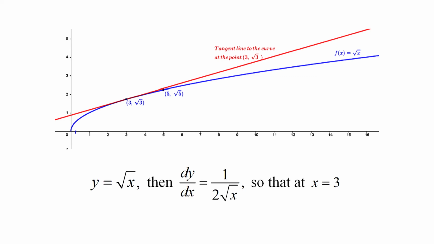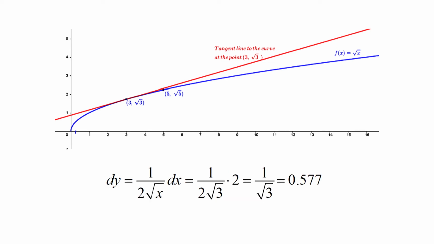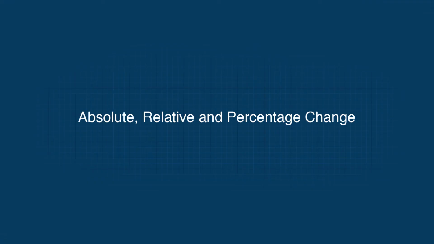If y = √x, then dy/dx = 1/(2√x), so that at x = 3, dy = 1/(2√x) dx, which is equal to 1/(2√3) times 2, which is equal to 1/√3, which is equal to 0.577.